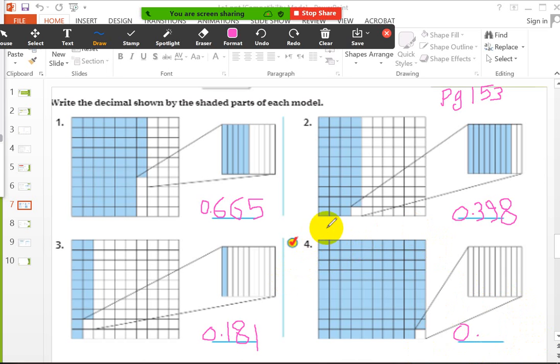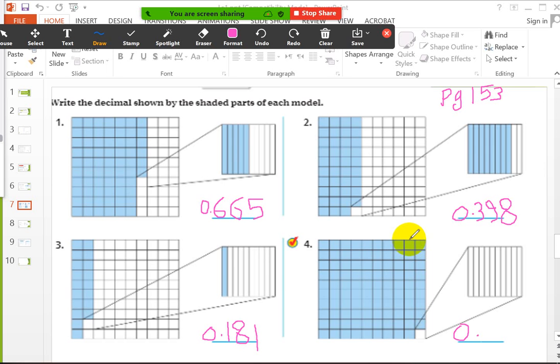Because the whole is divided into 100 parts, if I want to know the number here, I have to count the shaded parts. In each column you have 10. So let's count. This is the first 10, this is the second one, that means 20, 30, 40, 50, 60, 70, 80, 90.